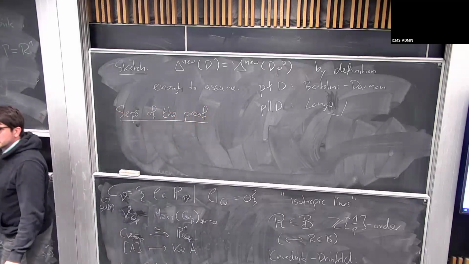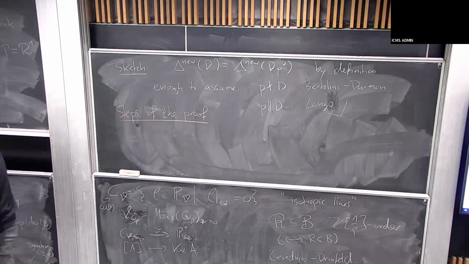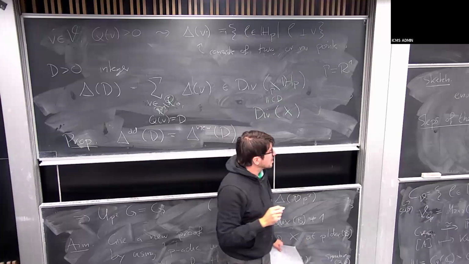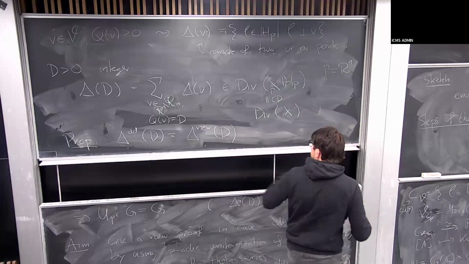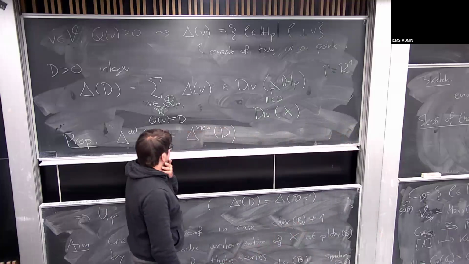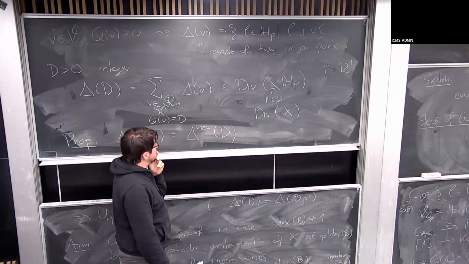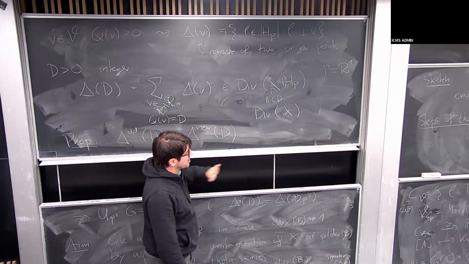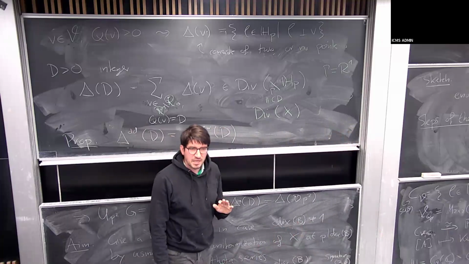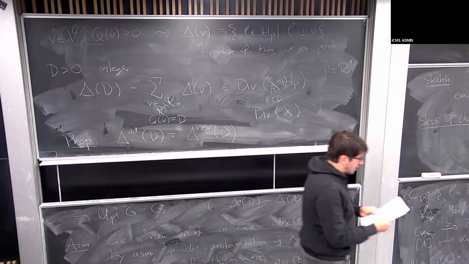Are there any questions up until this point? So now I've more or less stated what I want to prove. I have this new kind of Heegner divisors, which in fact agree with the old kind of Heegner divisors, and I want to show that the generating series in the Picard group is a modular form of weight 3/2.